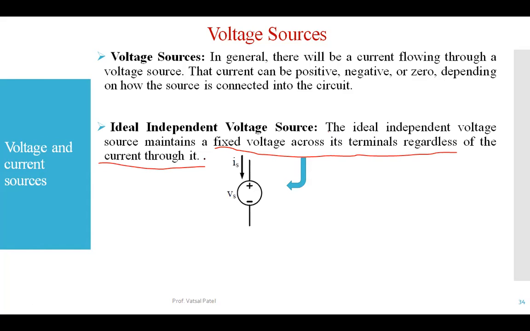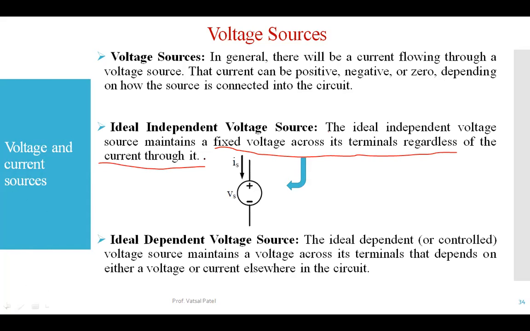And the second definition over here, the ideal dependent voltage source. It is also called the controlled voltage source. It will maintain the voltage across its terminal depending upon either a voltage or current elsewhere in the circuit.